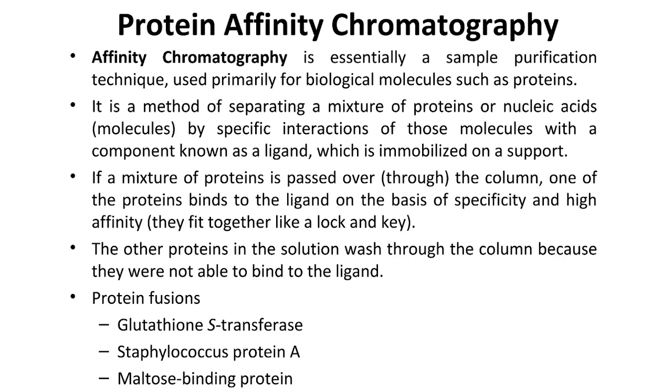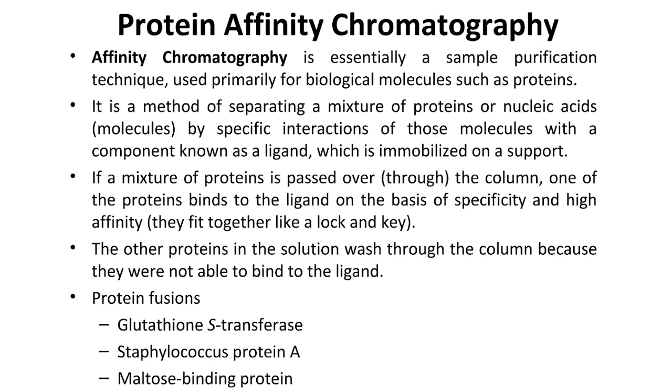Now, this is a sample purification technique for biological molecules such as proteins. It is a method for separating a mixture of proteins or nucleic acids by specific interactions of those molecules with a component known as a ligand, which is immobilized on a support. If a mixture of proteins is passed over the column, one of the proteins binds to the ligand on the basis of specificity and high affinity, like a lock and key model, and the proteins in the solution that were not able to bind to that particular ligand flow through the column.